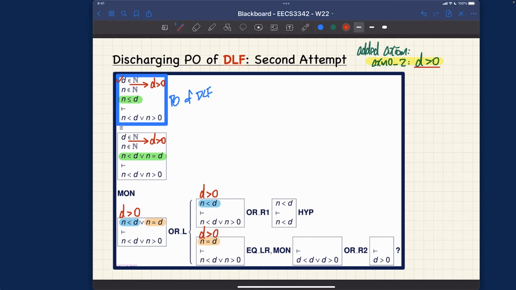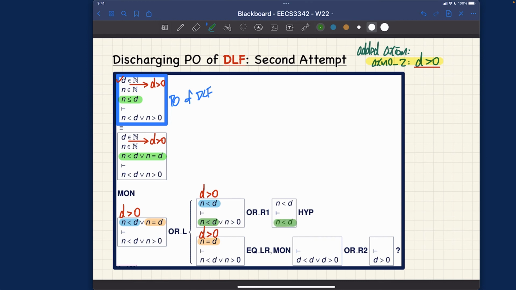Let's now try this branch where it used to be able to be discharged. For this one it's pretty straightforward, but now we have to be careful. After applying the or right 1 rule, we keep only this part over here, right?